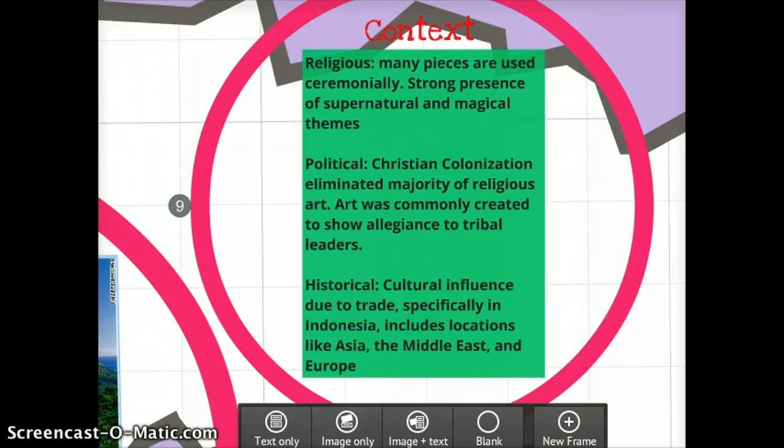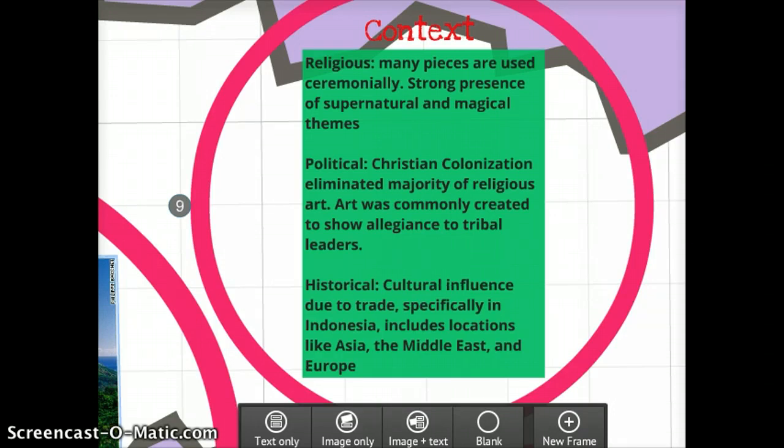You're also going to see art used again as a way to sort of pay homage to the leader of a tribe. Maybe they'll have a little more ornamentation, or one thing really common in this region is facial tattooing. Those sorts of things might be used to distinguish a leader from the rest of the group.